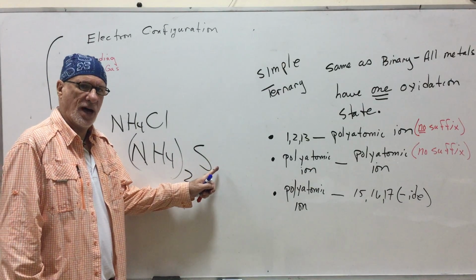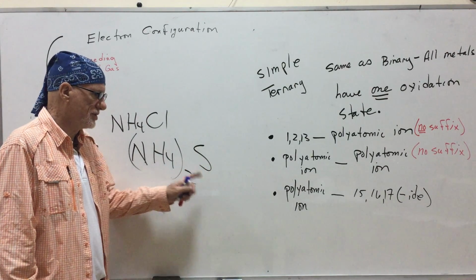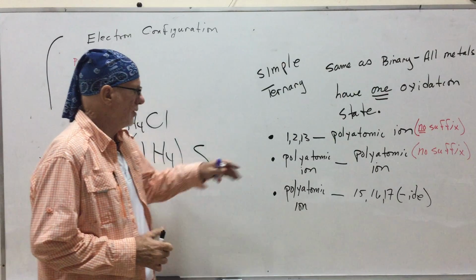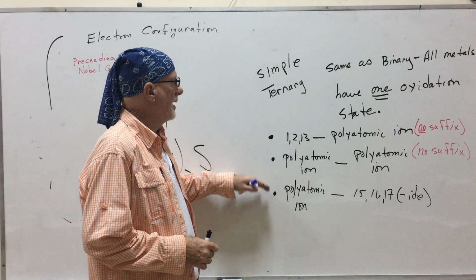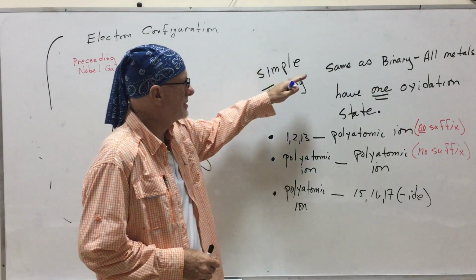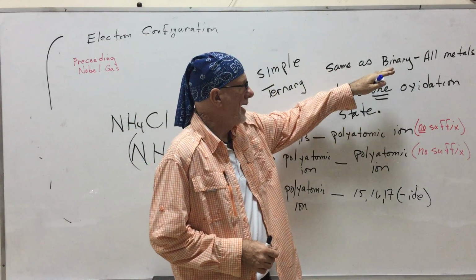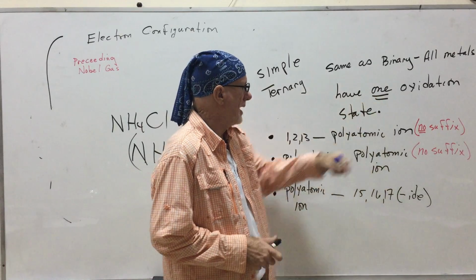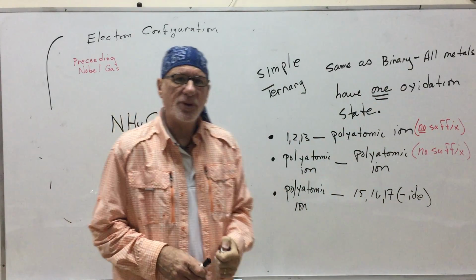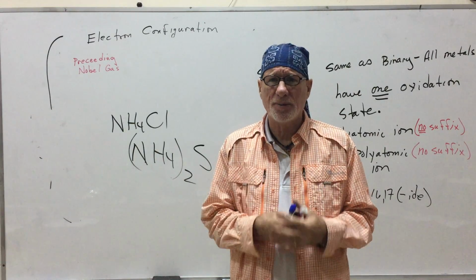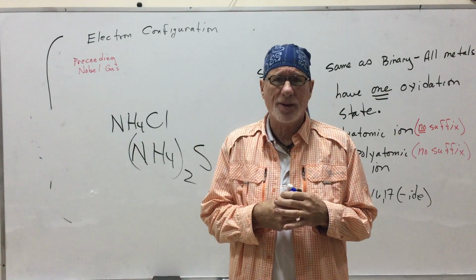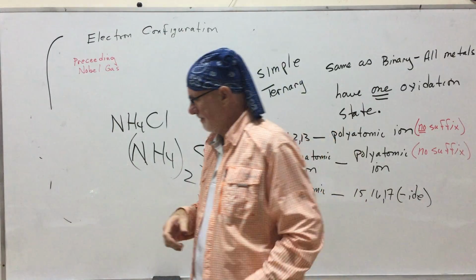Ammonium sulfide, okay? So you have 3 types of ternary, simple ternary, same as the binary. All metals have 1 oxidation state. Like I did with the example, aluminum. Aluminum is always plus 3. It could be calcium, it could be sodium, it could be barium, whatever the case may be.